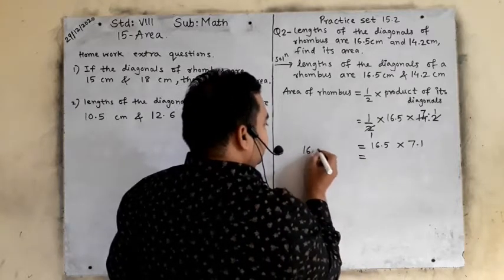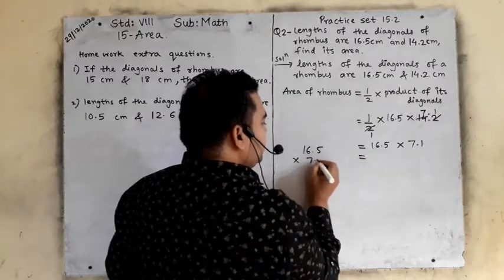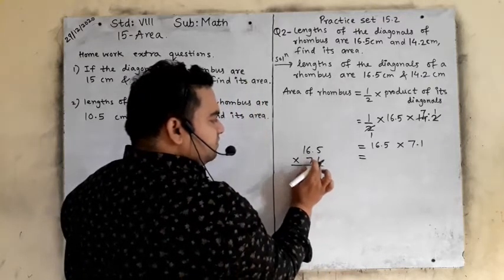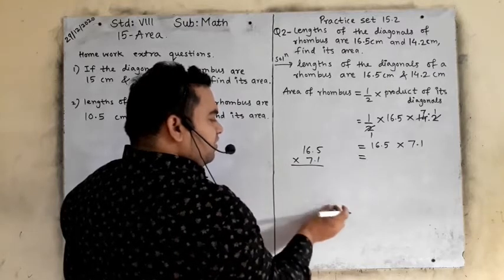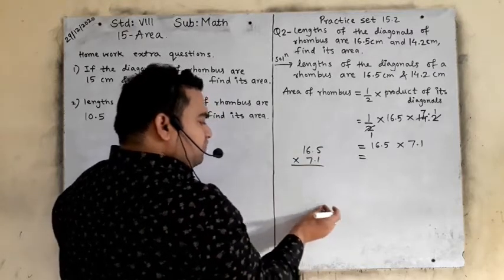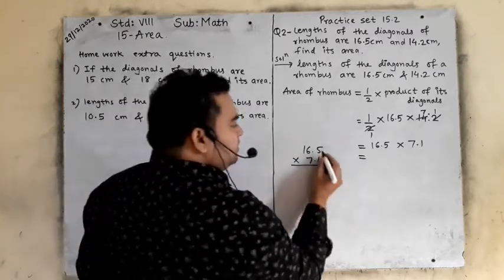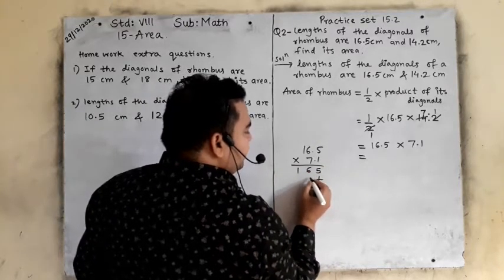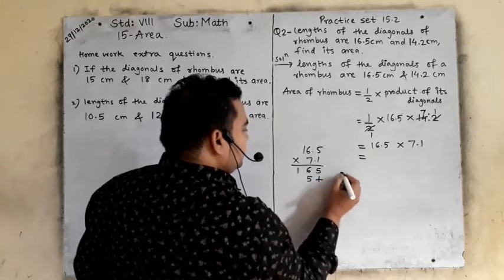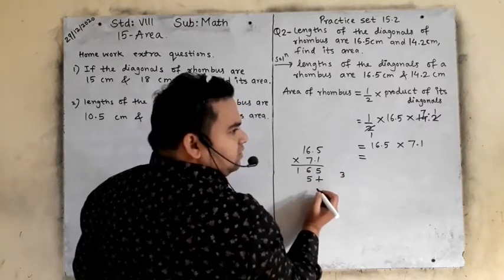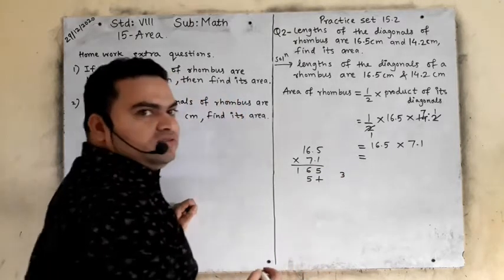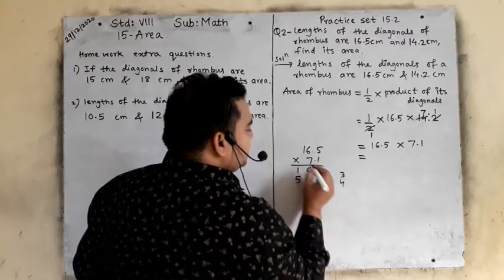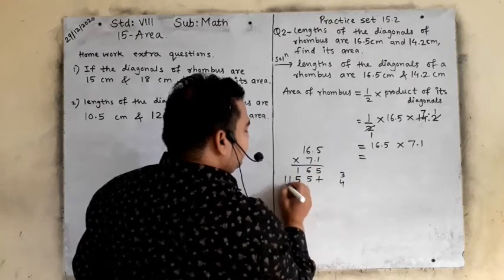Now you will multiply 16.5 by 7.1. There is one digit after the decimal point here and one digit here, so at the end, after 2 digits, 1 plus 1, the decimal point will come. 5 ones are 5, 6 ones are 6, 1 ones are 1, 7 5s are 35, 7 6s are 42, 43, 44, 45, 7 ones are 7 and 4, 11.